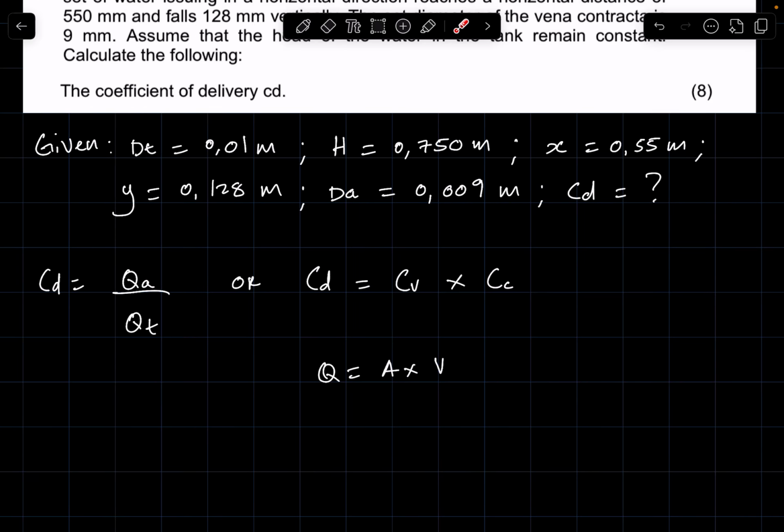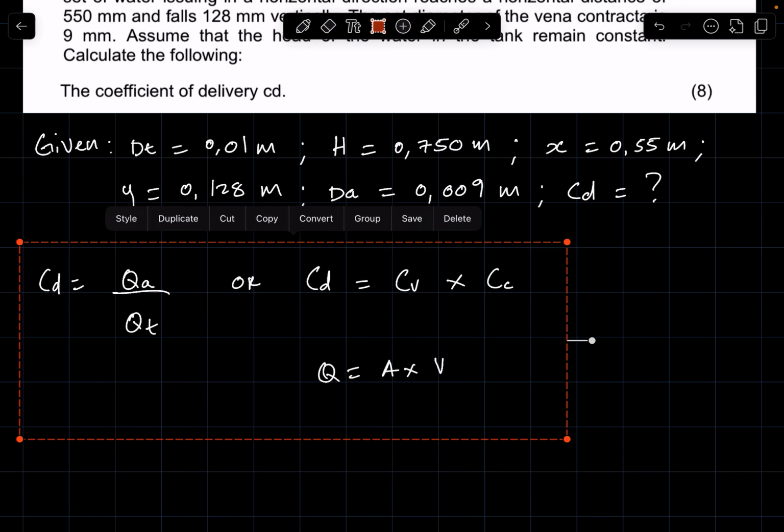So to get Q, you need the area, which we can get since we have the diameter, and then you also need velocity. So you're going to need the theoretical as well as the actual velocity. Similarly, to get CV, you need the velocity. To get CC, you need the area. So either way, you need these quantities, right?